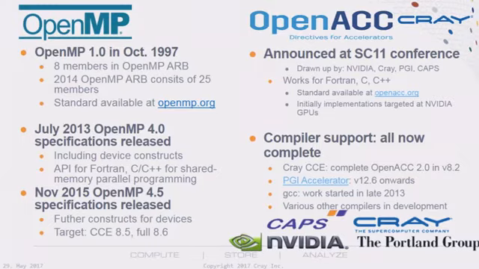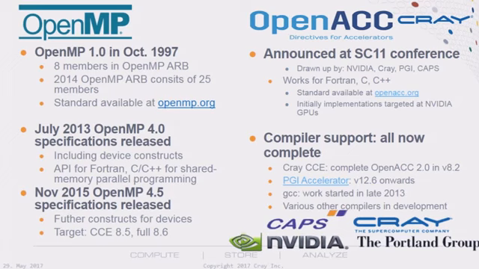Now we have OpenMP 4.5, which will be available in the actual Cray CC 8.5 on the machine we use here. OpenMP 4 is supported, but there are some exceptions not implemented yet, and in the next version, 8.6, which will be released in July this year, the full OpenMP 4.5 is supported.